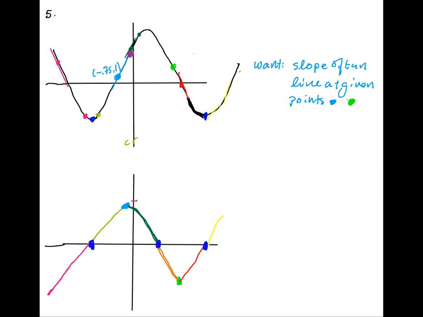And now we have at this green point, which is maybe, let's call this 2.751. So these are not nice numbers to work with. I would not choose to work with these numbers.